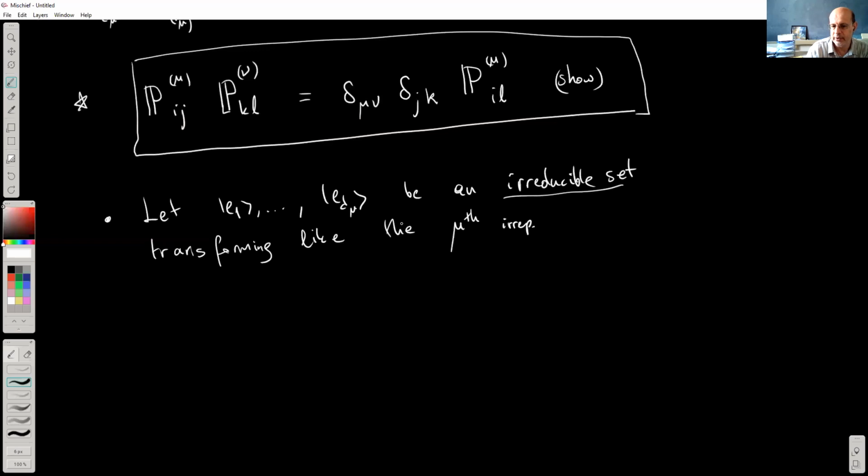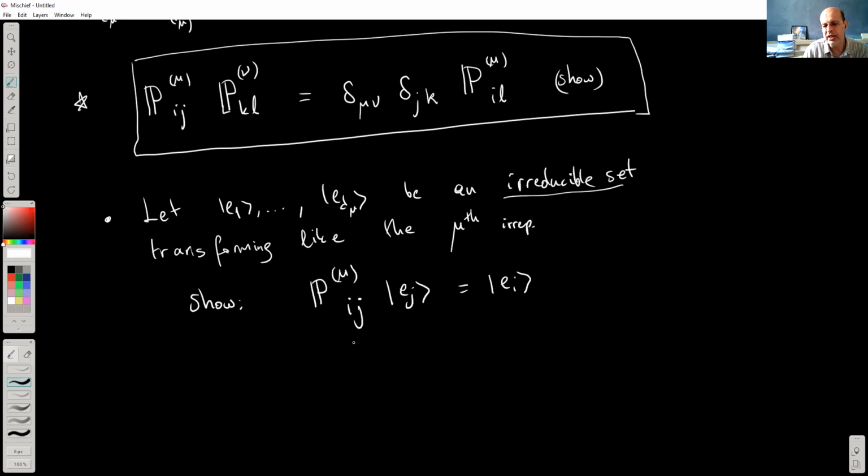I have an irreducible set corresponding to an irreducible representation. You can show that easily, no problem with this. Again, if I apply Pij to Ej, I'm going to get Ei. Okay, I mean, this is basically the meaning of these operators. So these are operators that basically map a given vector in an irreducible set to other vectors, right? So you basically do it with these kinds of things.